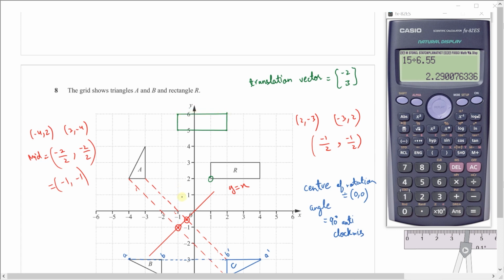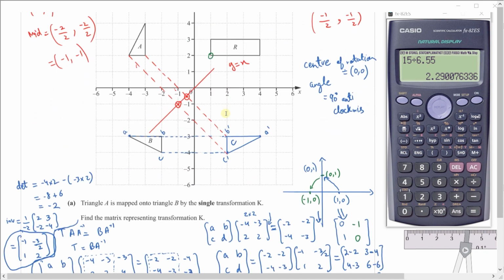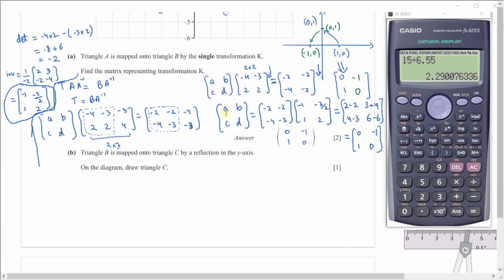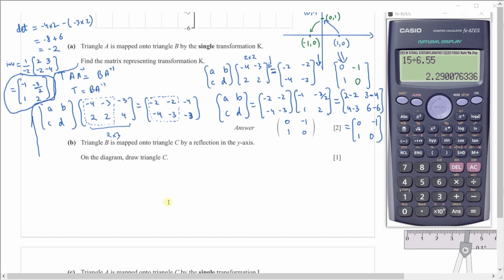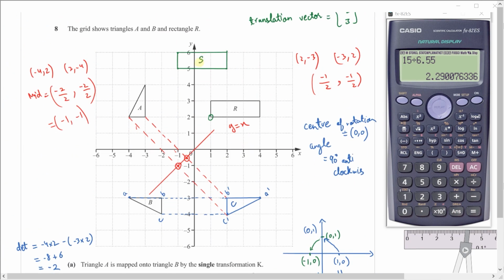So your coordinates here are -1, 5, -1, 6, 2, 5, and 2, 6. So this is your rectangle S. So you can mark this as S.